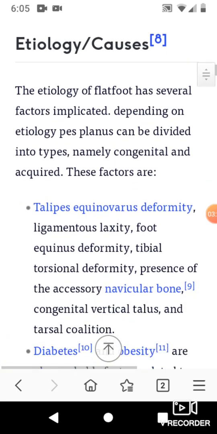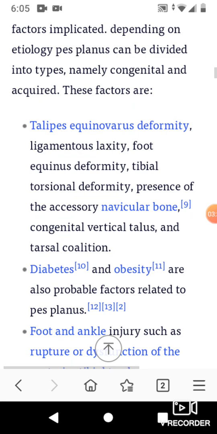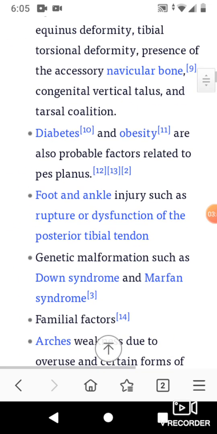The causes are mainly equinovarus deformity, ligament laxity, where the ligaments are weak, presence of accessory navicular bone, diabetes, obesity, and foot and ankle injuries like trauma, which eventually lead to flat foot.